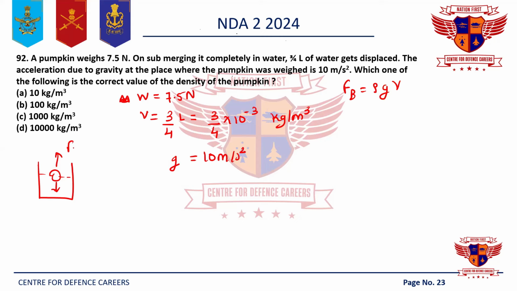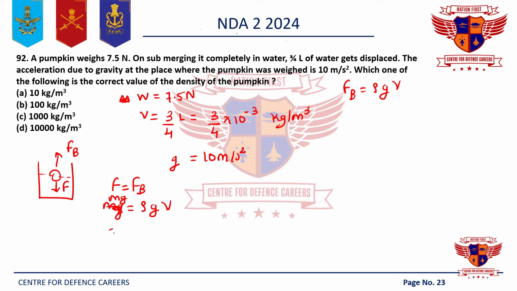So we have FB upwards and the force because of weight downwards. So from the diagram, we can write F equal to FB. Now, because of mass, the force will be mg and the buoyancy force will be rho g V.